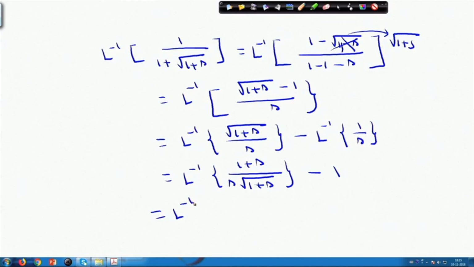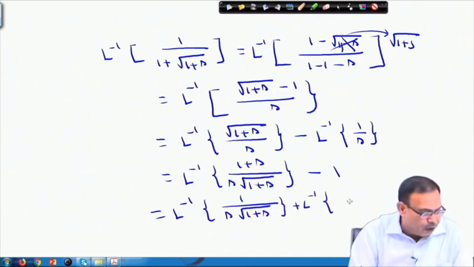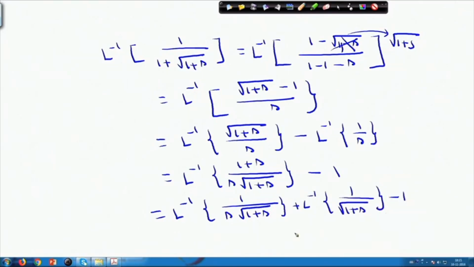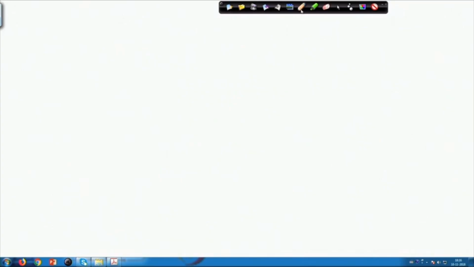This I can break into two parts again: the Laplace inverse of 1 by s into root 1 plus s, plus the Laplace inverse of 1 by root 1 plus s, minus 1, and the Laplace inverse of this thing is erf of root t. This also I can find out, so that very easily I can find the solution of this. So, let me just check it here.